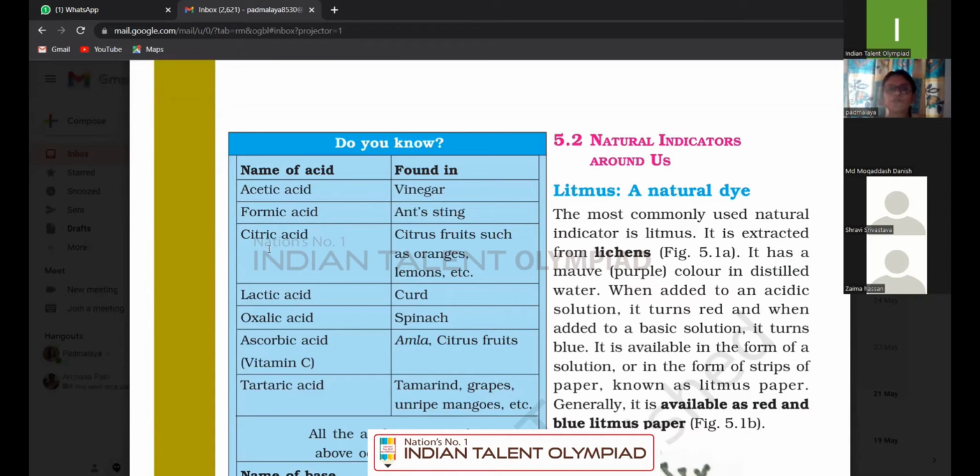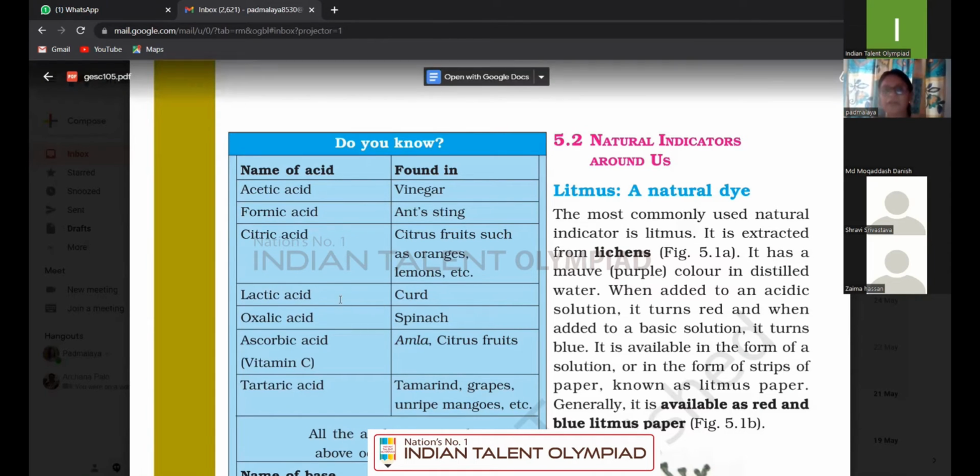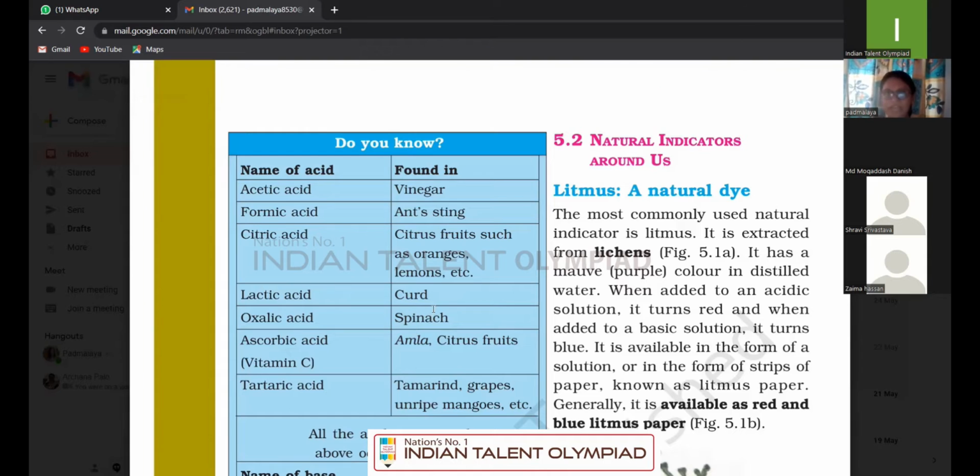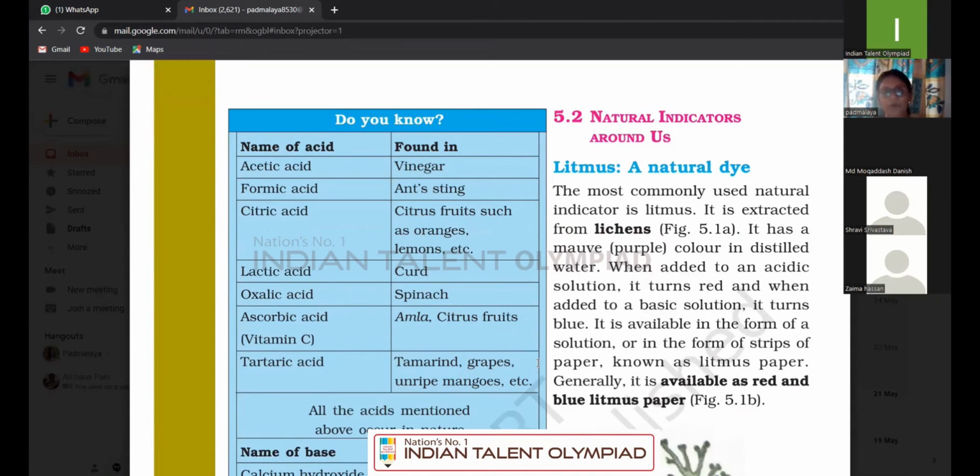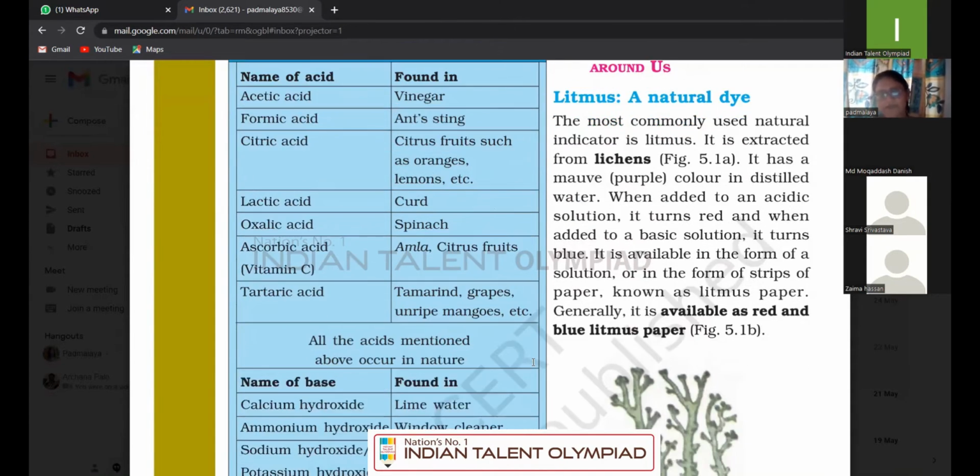Next, all the citrus fruits will contain citric acid. Curd will contain lactic acid. Spinach will contain oxalic acid. Amla and the other citrus fruits will contain ascorbic acid, that is vitamin C. Tamarind, grapes, and unripened mangoes will contain tartaric acid. Okay.